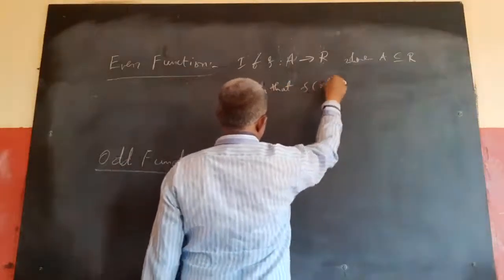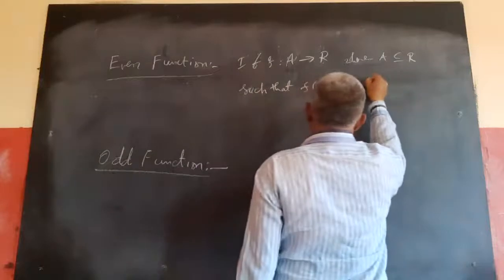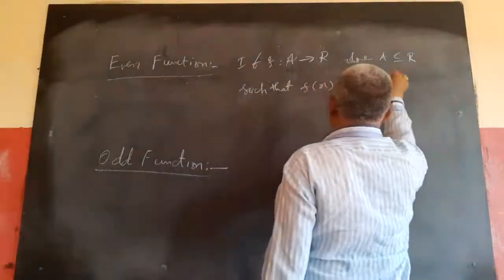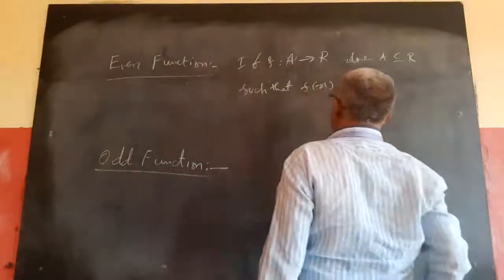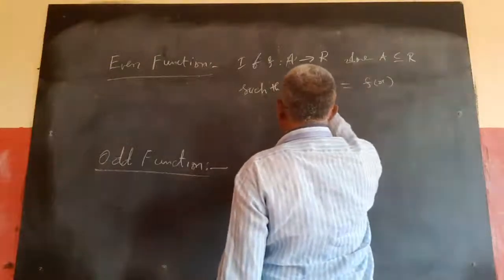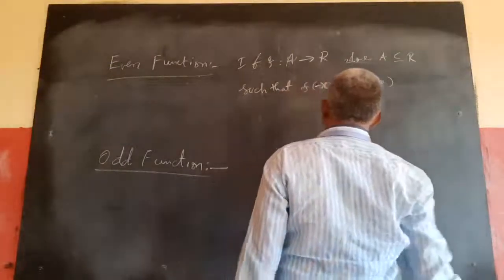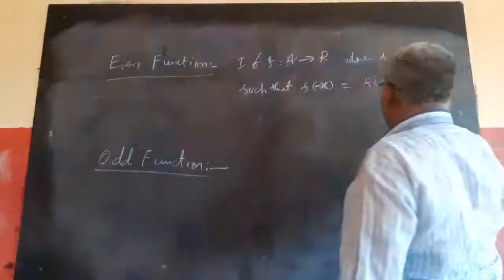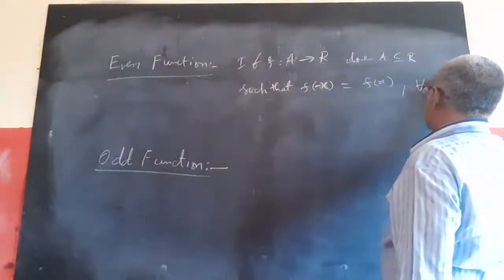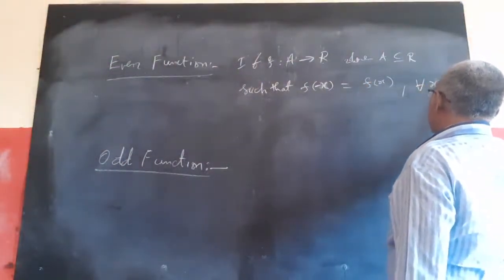Such that f of minus x equal to plus f of x for every x belongs to A.